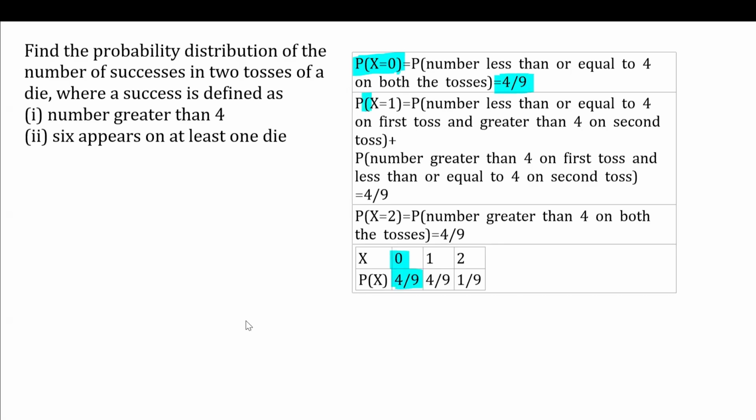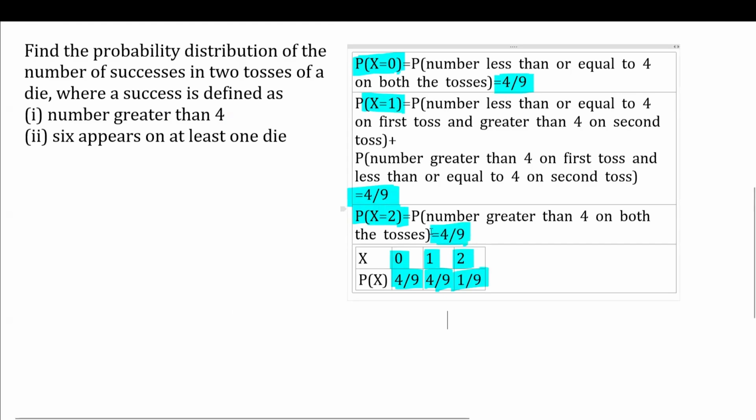When X is equal to 1, we got 4 over 9 again. And when X is equal to 2, we got 1 over 9. It's not 4 over 9, we calculated 1 over 9; I wrote it by mistake. This is how we do the probability distribution table for the first part.